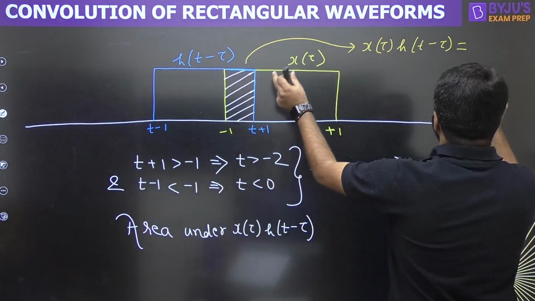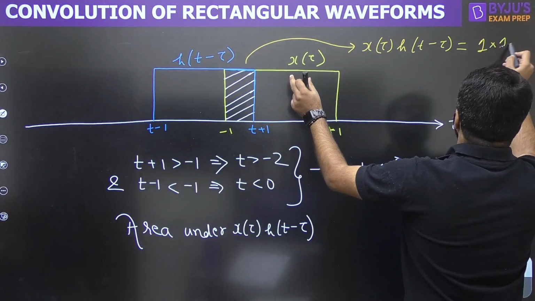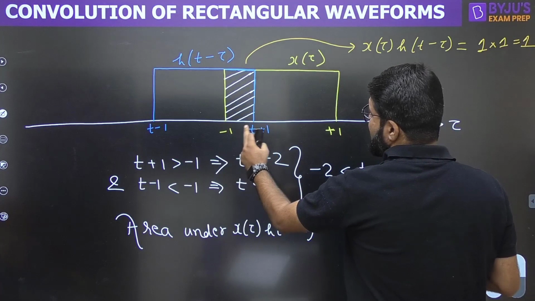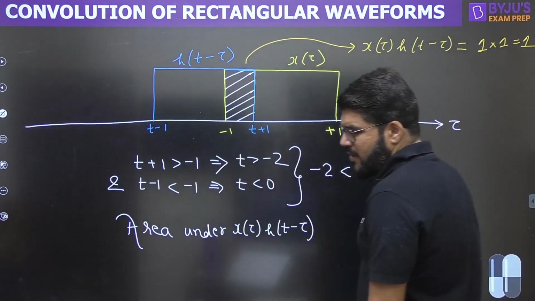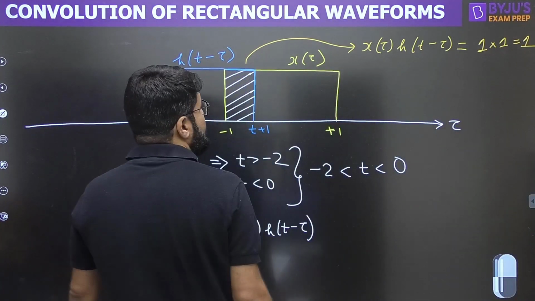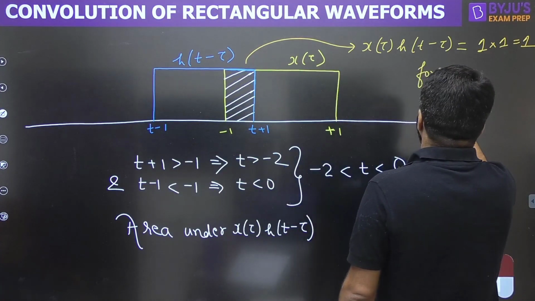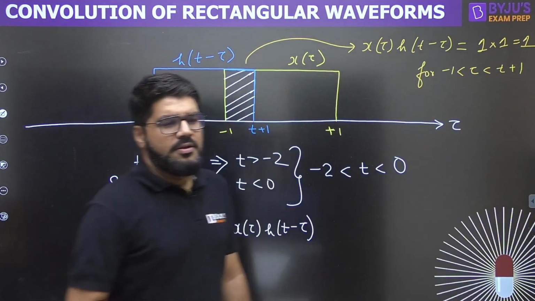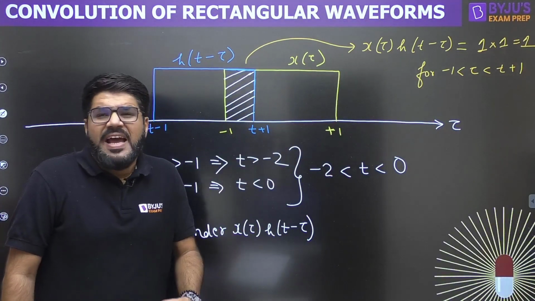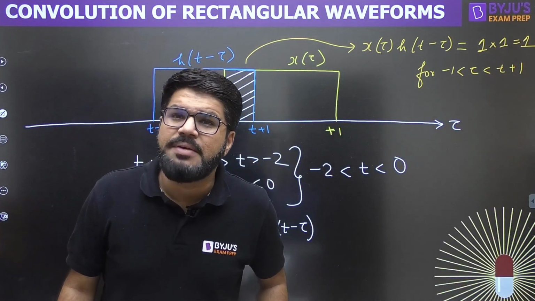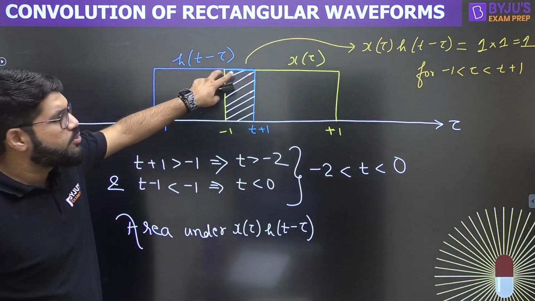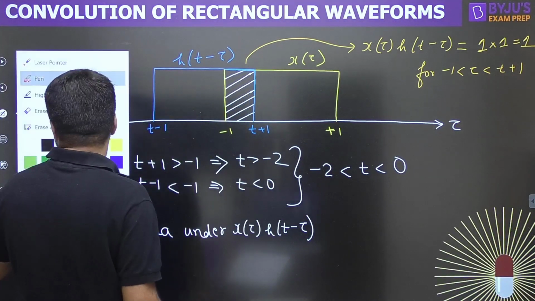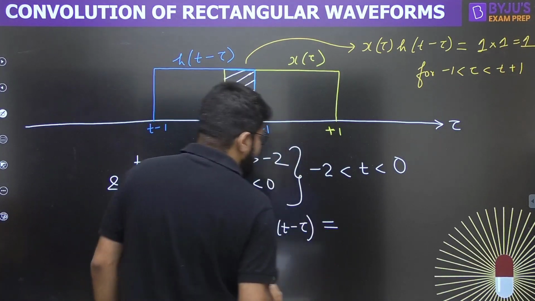So you are able to see x of tau h of t minus tau is equal to 1 into 1, which is 1, for this range, -1 less than tau less than t plus 1. This is the tau axis, okay? But we are not interested in the value of x of tau h of t minus tau. We are interested in the area. So eventually it is a rectangle, and the area under a rectangle is height into base. What is the area under this rectangle? That is the height into base.